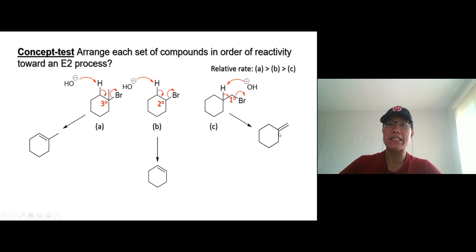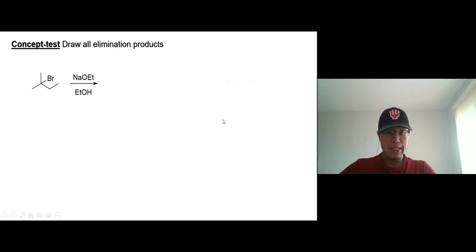All right. The stability of these alkenes is ranked: the most stable, second most stable, and the least stable. So the transition state for this guy is going to be the most stable one. All right. So A is faster than B is faster than C. Okay. All right. Let's draw the reaction mechanism together, along with the product, in the next video.